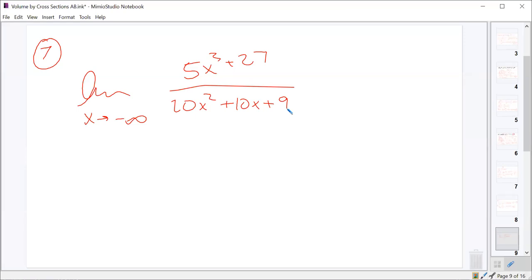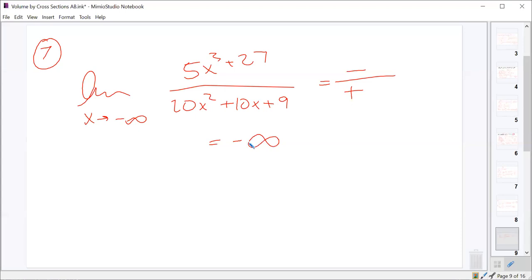Okay? And then we got to think about whether it's positive or negative. So if I plug in a negative infinity and cube it, negative infinity cubed should still be negative, right? But a negative infinity squared should be positive. Infinity, right? So this is going to end up giving us a negative infinity in the long run.